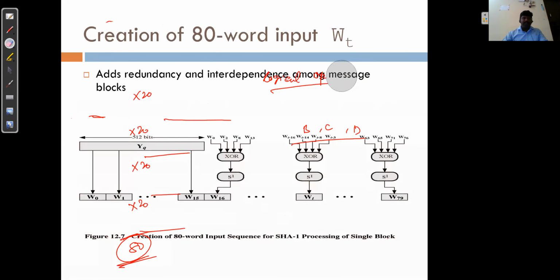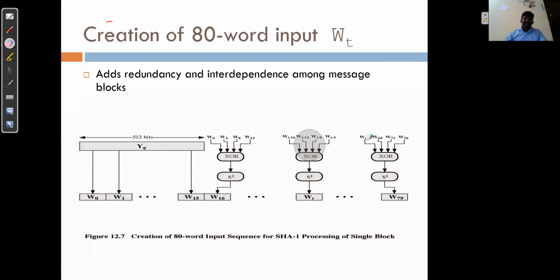Now this is the diagram or concept I wanted to explain, the shortage of words. The remaining words have to be created or manipulated based on the words we have. We take the first 16 words from the plain text block, and we take word 2, word 0, word 8, and word 13.